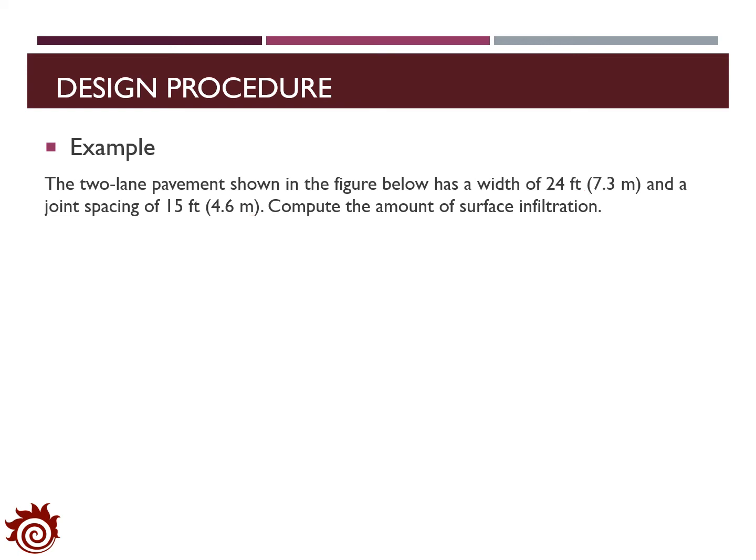Now for the solution, we will first try to find out the information provided by this problem. We are given the number of lanes as n equal to 2, the width of the pavement is 24 feet, and the joint spacing is set as 15 feet. And it wants us to find out the inflow rate and infiltration rate.